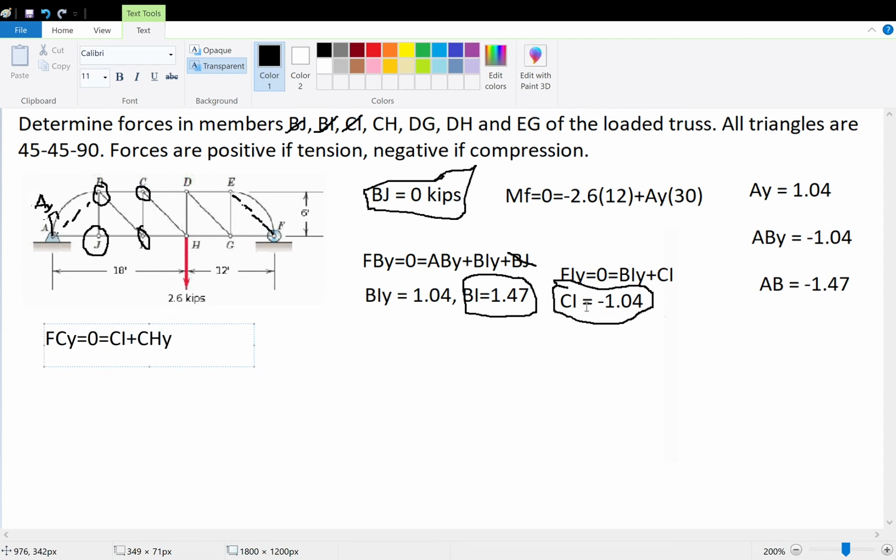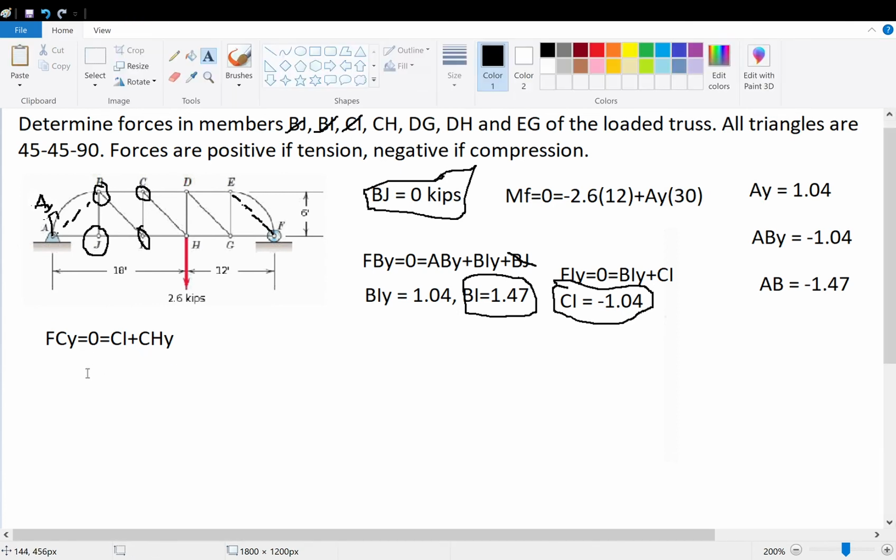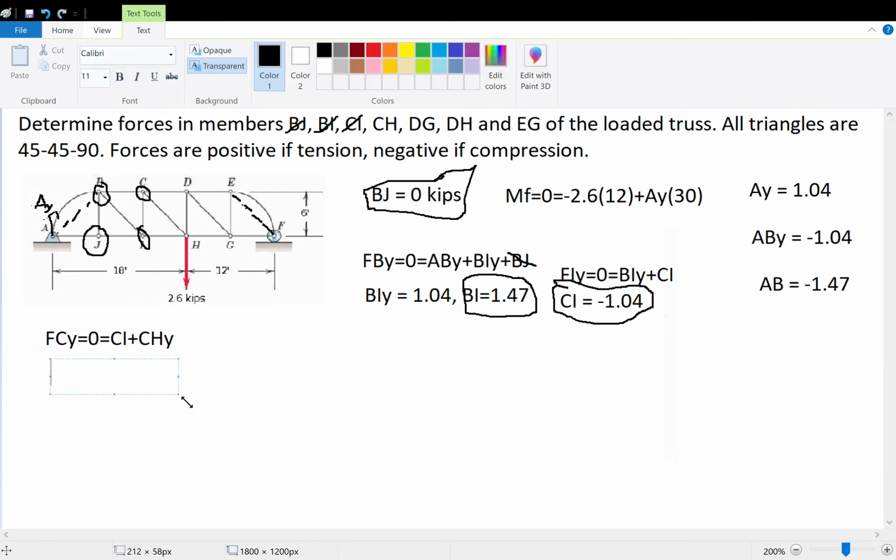And if you have CI over here, you can plug in negative 1.04 for that. That means that CH in the Y direction is going to be equal to 1.04, because the CI will be the negative of CHY since they both have to add up to 0.